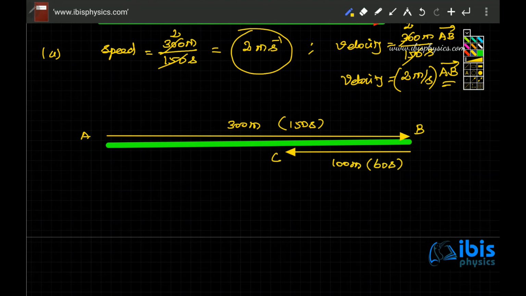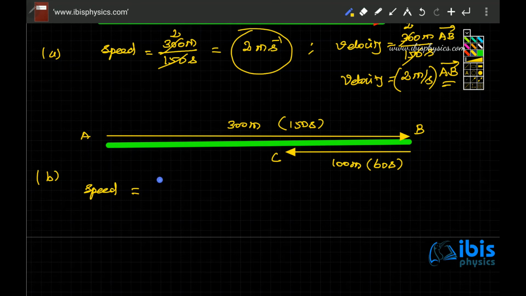So what is the speed? Speed is the length of the path traveled: from A to B, 300, and then B to C, another 100. So in the case of A to C, speed is equal to total distance by time.